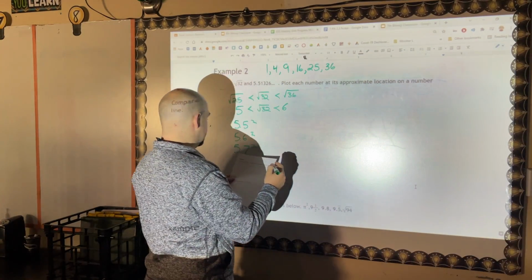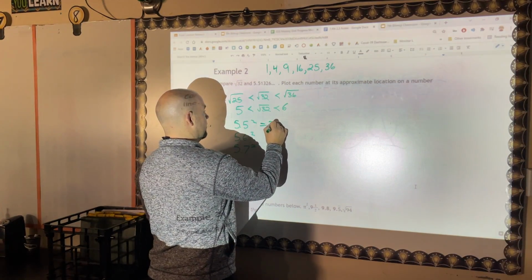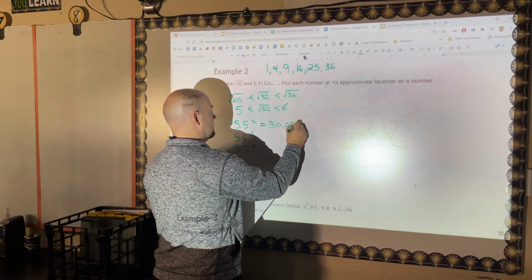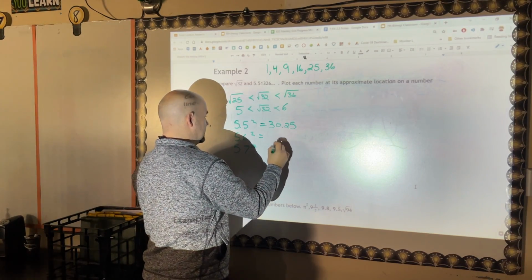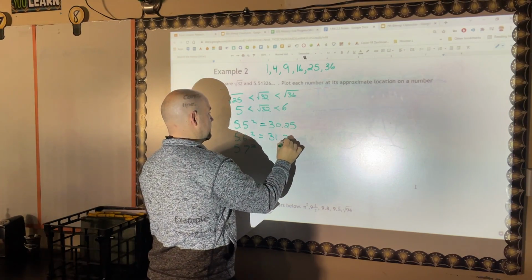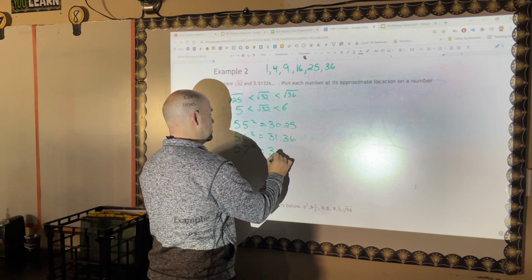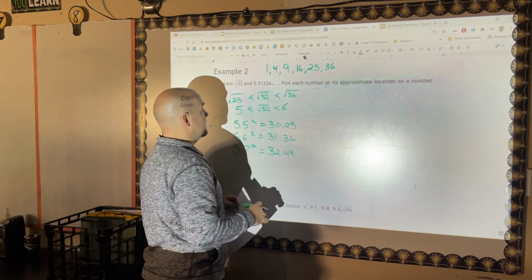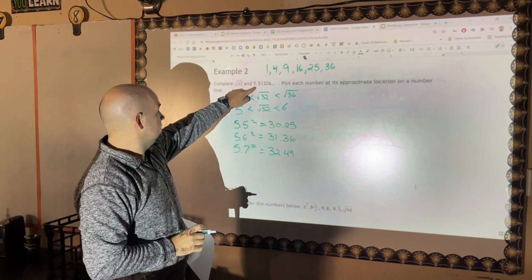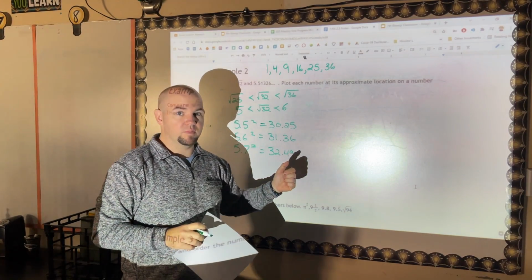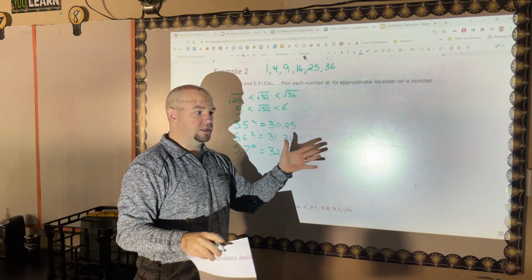5.5 squared is 30 and a quarter. 5.6 squared is 31.36. And 5.7 squared is 32.49. So here's the decimal. So we're going to look at comparing. That means, is it greater than, equal to, or less than those?